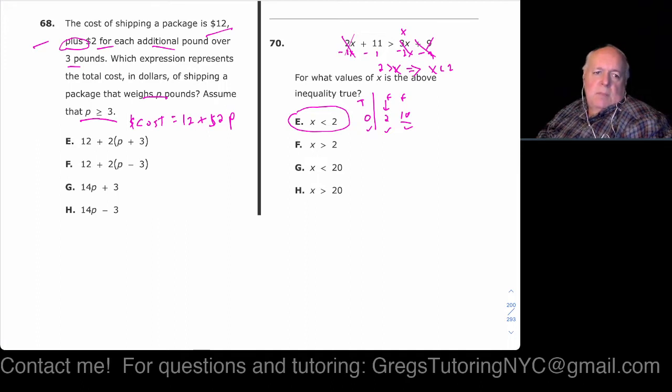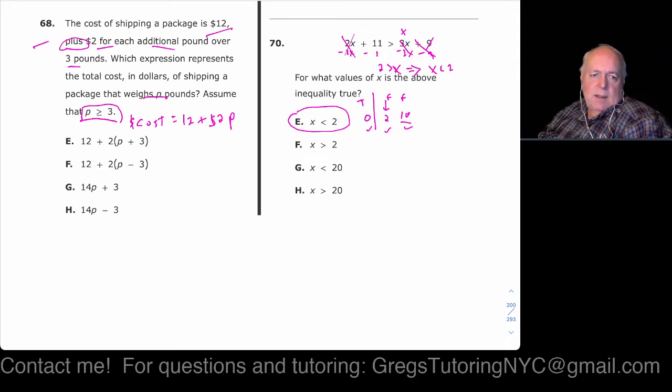There's a problem here because if p is greater than or equal to 3, we're okay. So 4, 5, 6, 99. But if it's 1, we can't plug in p. Let me change the color here. We can't plug in a value of, say, p equals 1 because that's not what the English is saying.